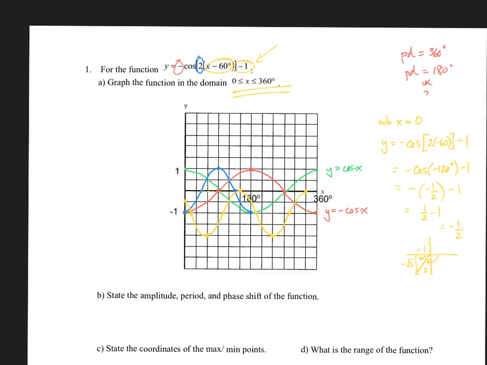Or I know that there need to be 2 exact cycles that fit between 0 and 360. And so I'm not going to get a part of a cycle. I'm going to get 2 exact cycles. And so if my graph starts at -1/2, then it must end at -1/2 exactly.